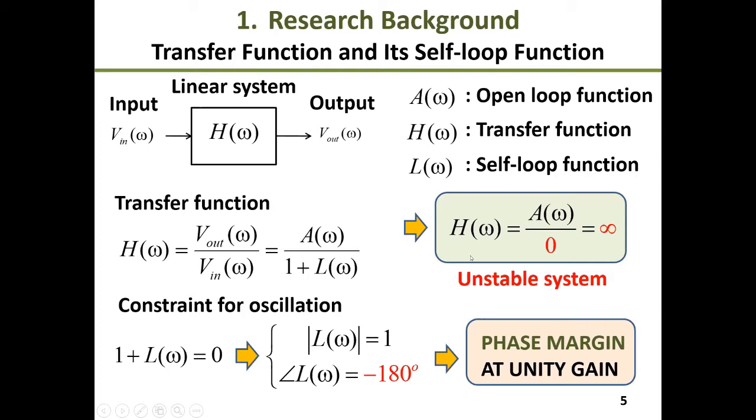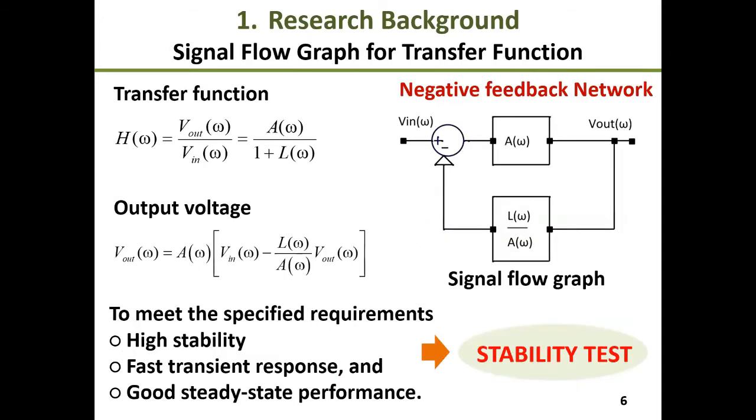And in this work we use the concept of phase margin to investigate the behavior of a high order complex function. You know that in the conventional theory, especially in control theory, the concept of a negative feedback network is only used in the switching DC to DC converter or in two-stage op-amp.